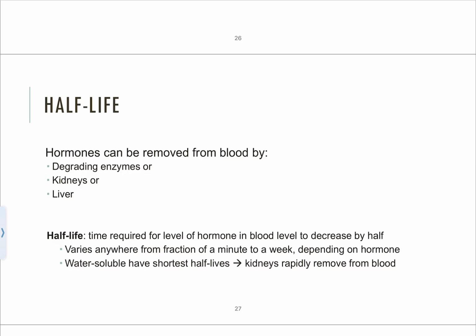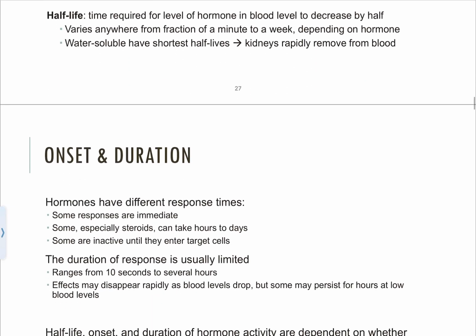Half-life is basically the time required for the level of the hormone in the blood to decrease by half. This can vary anywhere from a fraction of a minute to a week, depending on which hormone it is. But if we're talking about our 2 structural classes, the water-soluble or amino acid-based ones are going to have the shortest half-lives because our kidneys rapidly remove them from the blood.